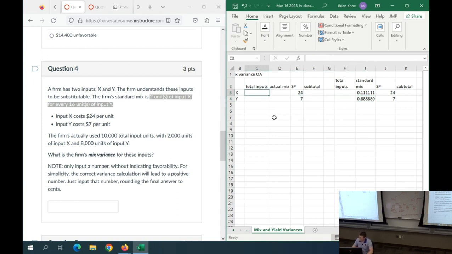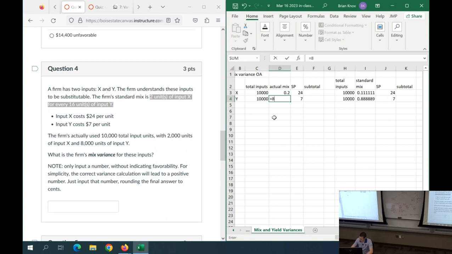Okay, now we have an actual input of 10,000 units. And that's from both sides of the table. In our actual mix, we had 2,000 units of x out of that 10,000 units, which means 0.2 of our mix was x.